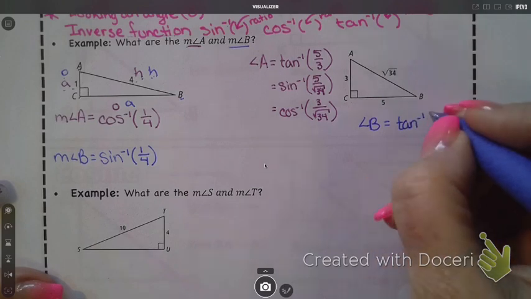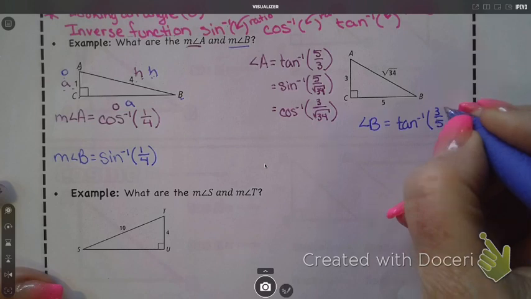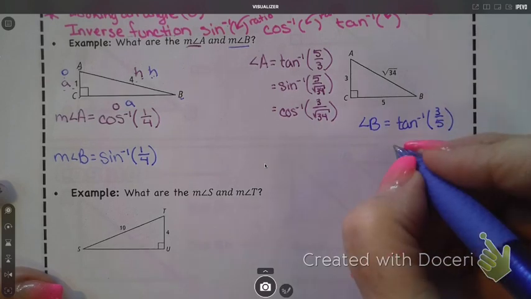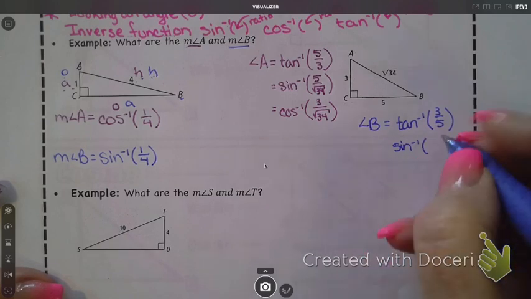No, you don't have to do three. I'm doing all three so you can check your work. You do not have to. If you want to, that's up to you. I wouldn't want to.